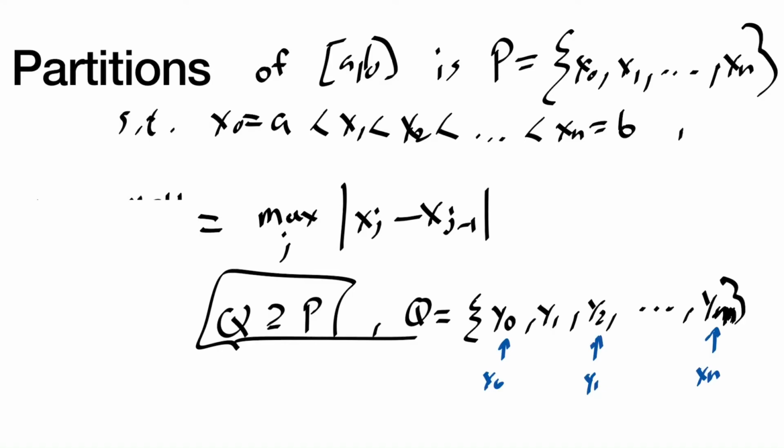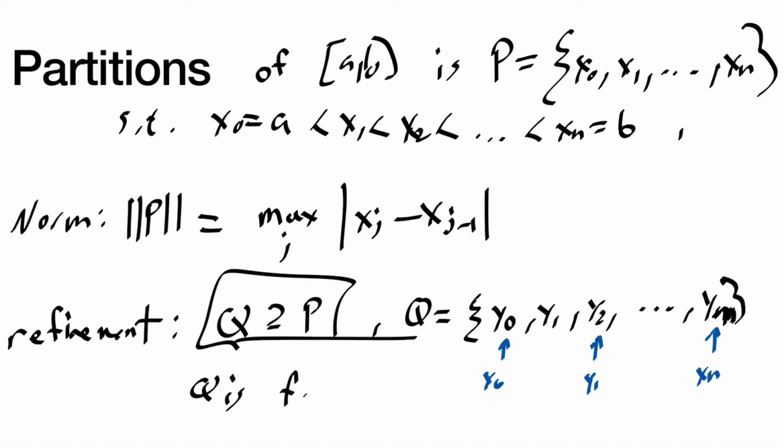By the way, we will use the phrase that Q is finer than P. Also, if you have two partitions, one doesn't have to be finer than the other one.